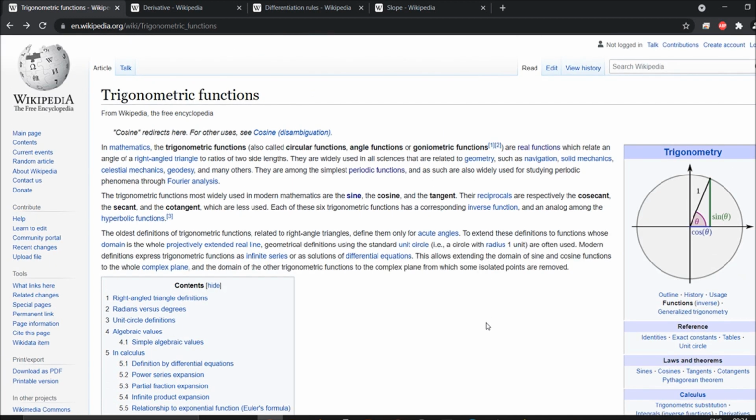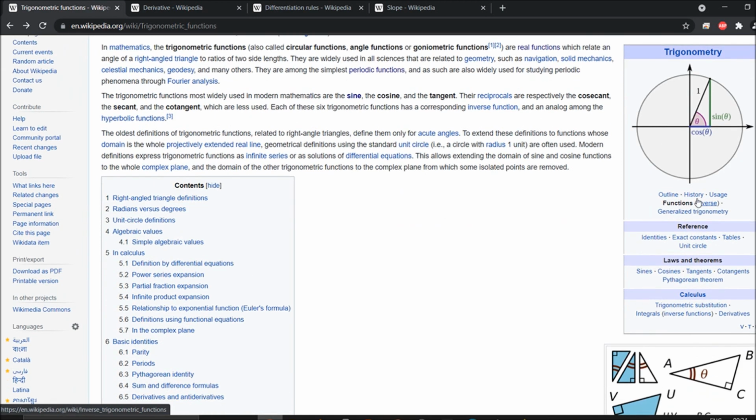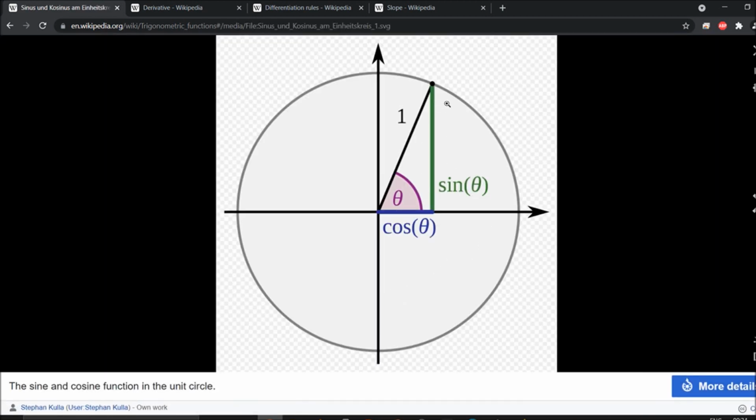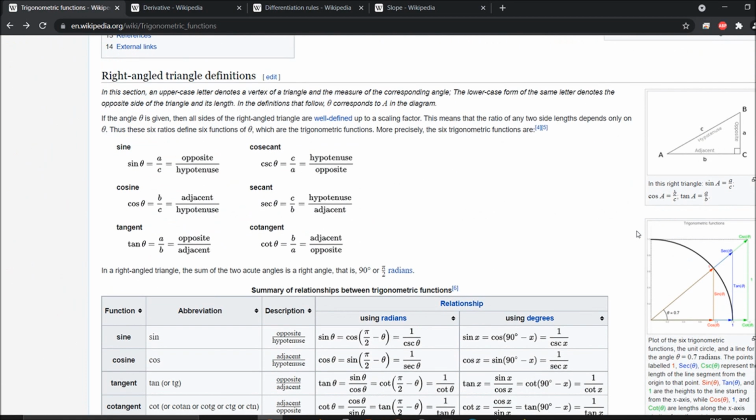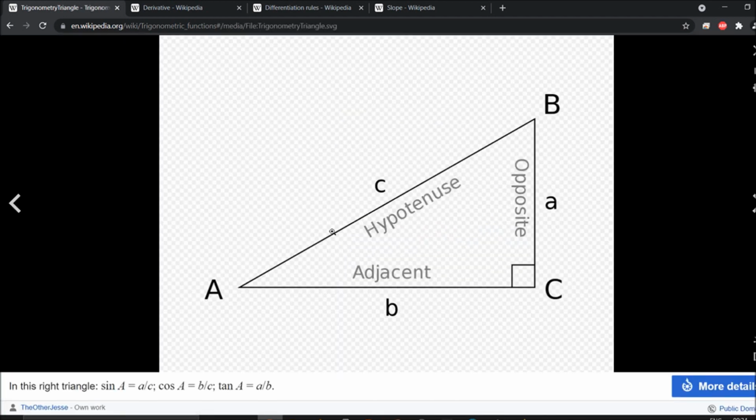In mathematics, the trigonometric functions are real functions which relate an angle of a right angle triangle to ratios of two side lengths. I've already explained this in the unit circle itself. This is a right angle triangle, and I already told you this is very much important. We are dealing with this part, and we take this right angle triangle and derive sine and cosine.